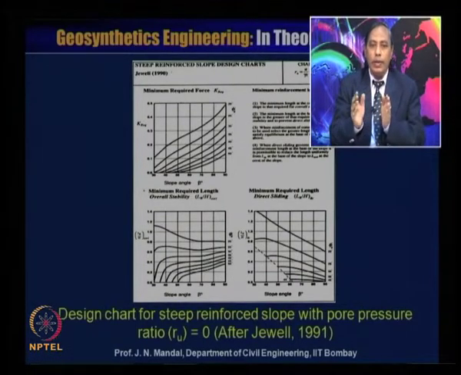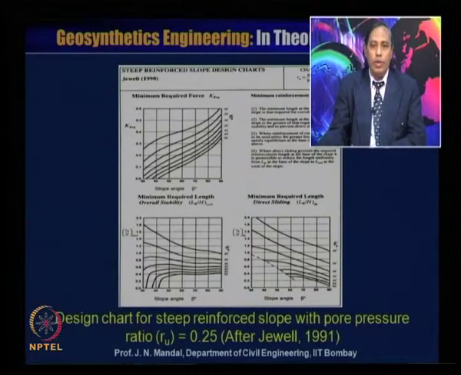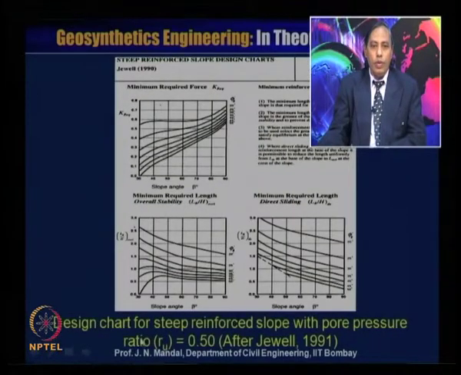Like that, he has developed different charts for various pore water pressures. This is the same nature of curve, but with pore water pressure Ru of 0.25. Next, this is a design chart for steep reinforced slope with pore water pressure Ru of 0.50.